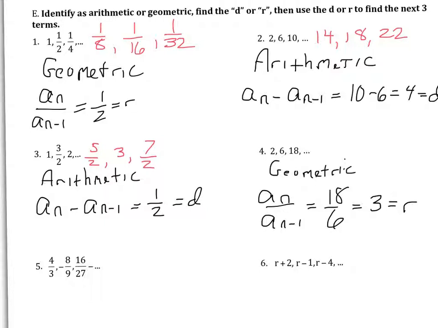So that's my r, so I'm just going to multiply by 3 every time. 18 times 3 is 54, times 3 is 162, and multiply that times 3. 162 times 3, let's see, times 2 is 224, so that's going to be 386.